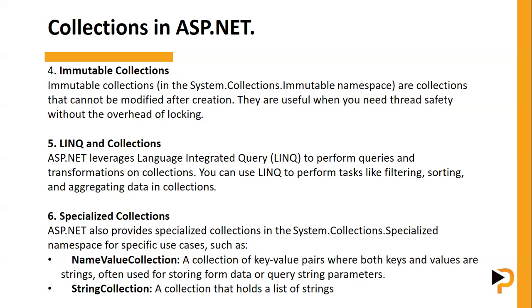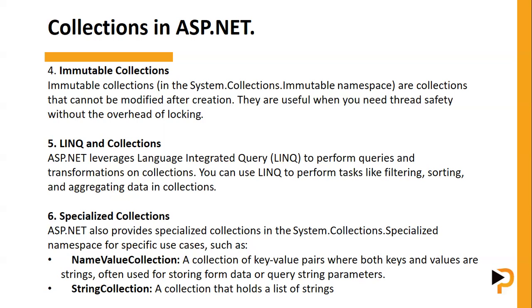Now, in ASP.NET, collections play a fundamental role in handling groups of data. The choice of a collection depends on the specific use case. Whether you don't need type safety, then you can go ahead with the non-generic collection. Where type safety is a core or basic requirement, then you can go ahead with the generic collections.